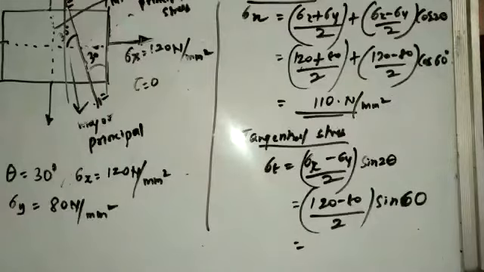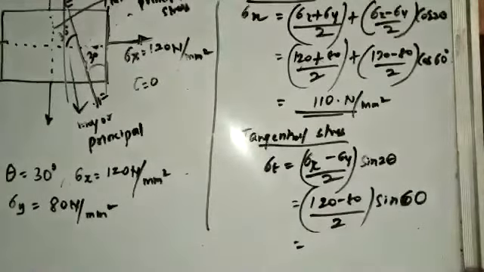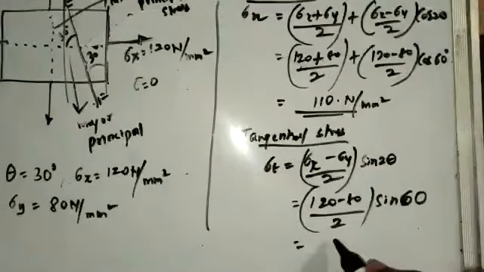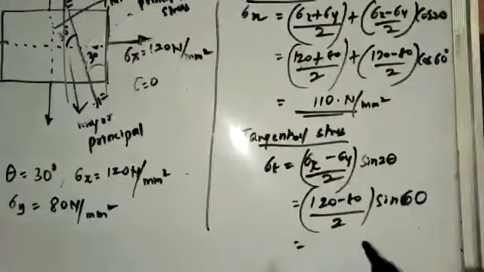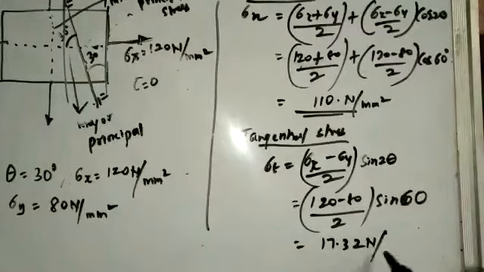Quickly, what is the value? 120 minus 80 by 2. Are you getting 17.32 Newton per millimeter square?